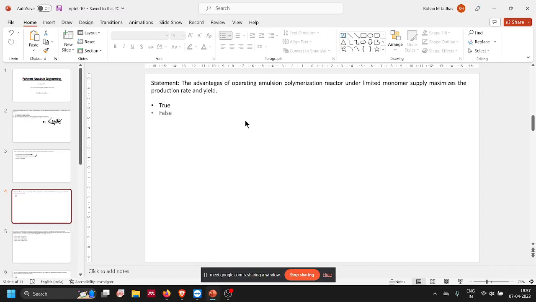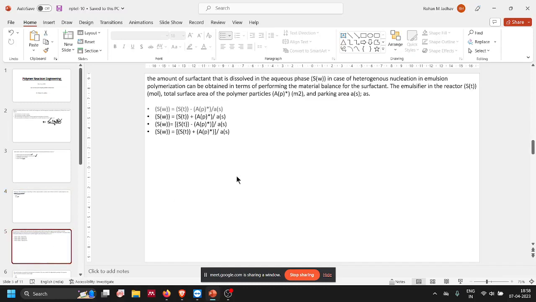Operating under limited monomer supply will help to control the copolymer composition, and feeding the monomer mixture at lower rates than the rate of polymerization will be the determining factor for controlling it. So the statement that the advantages include maximization of production rate and yield is false, because the only advantage with monomer starved reactions is the reduction of inhibition.